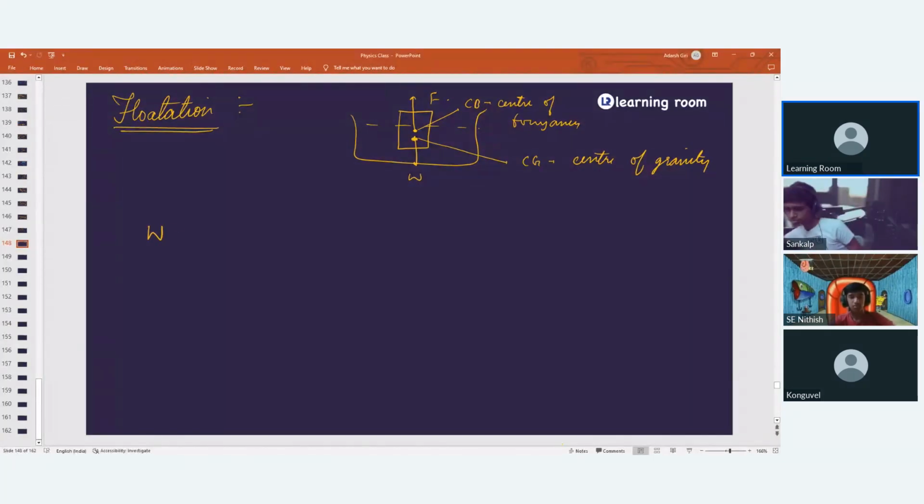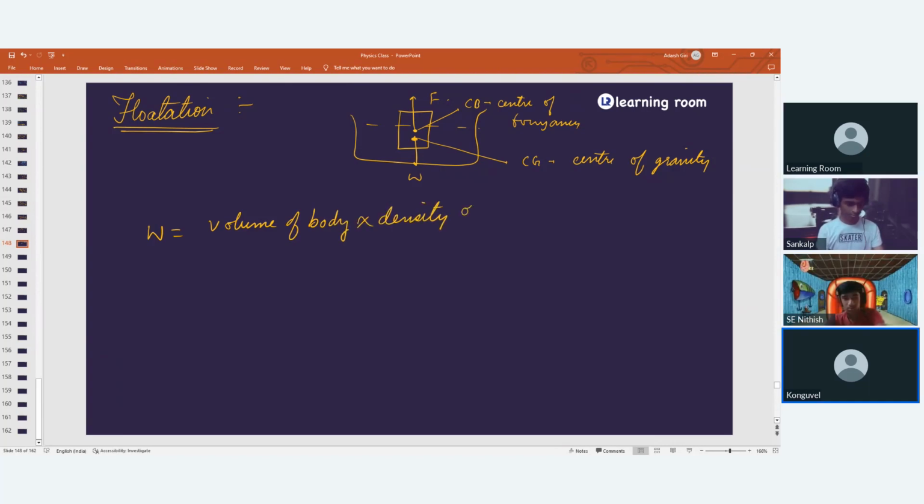Next, weight of the body is what? Weight of the body is equal to volume of body into density of body into g. And F_B is what?